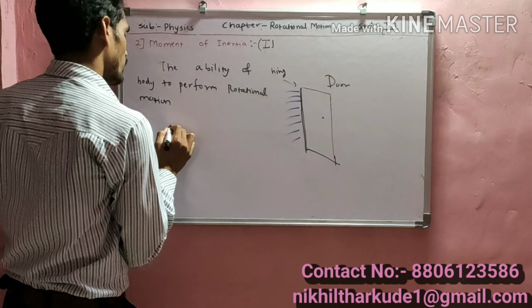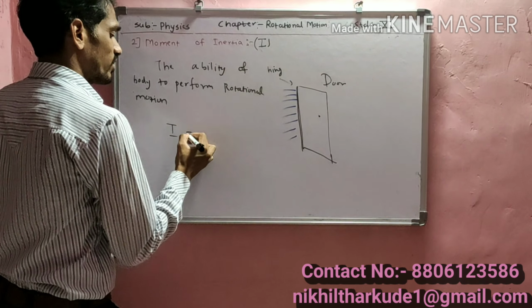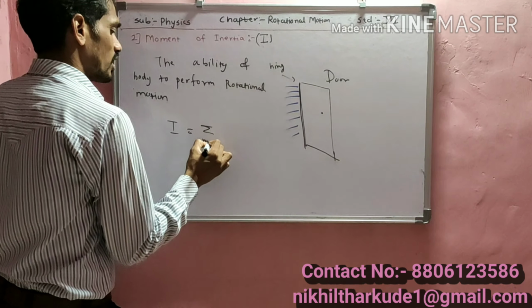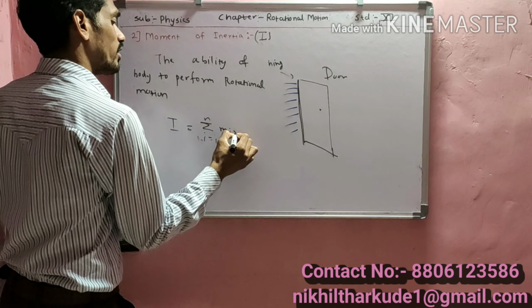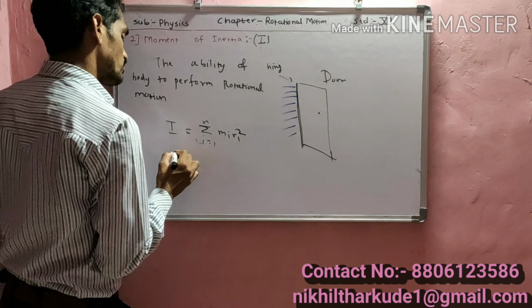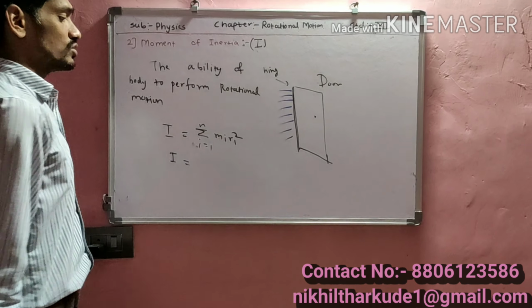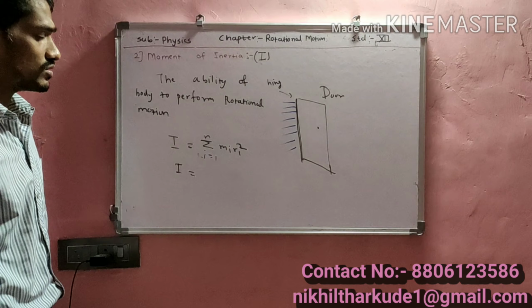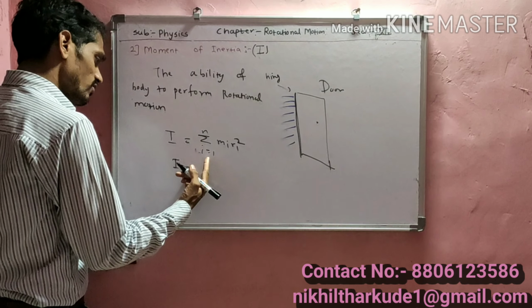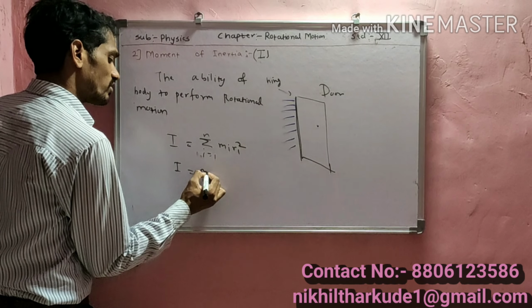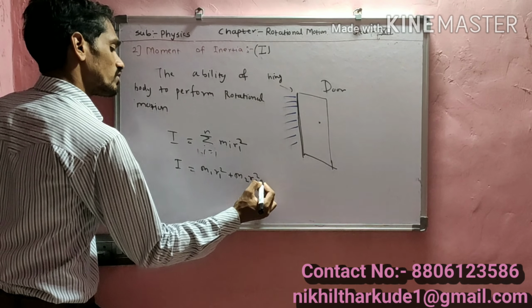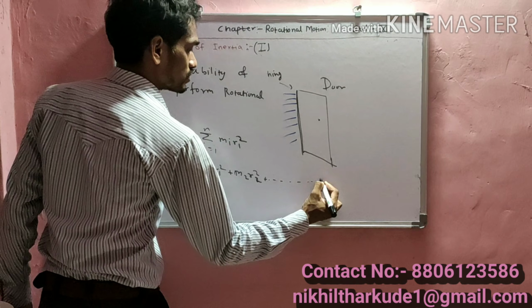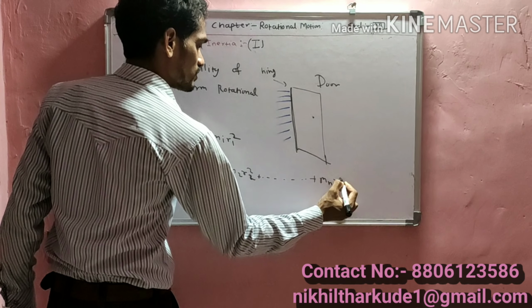So it is simply defined as I equals summation i running from 1 to n of m_i r_i square. Okay, students, and we can expand this. It means m1 r1 square, m2 r2 square, and so on up to mn rn square.